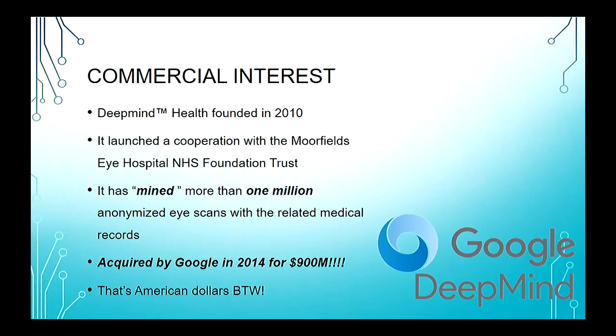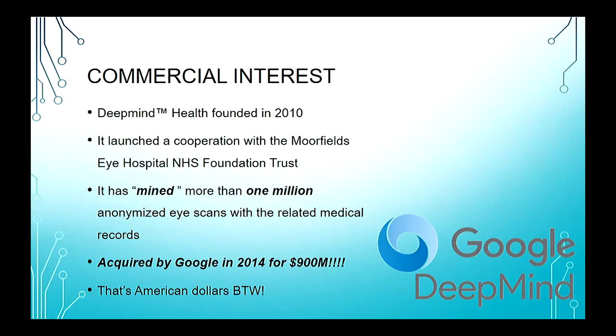DeepMind, the company that I already told you about, was founded in 2010. They got into a collaboration with Moorfields Eye Hospital pretty quickly and, quote unquote, mined data out of Moorfields Eye Hospital. They had sort of a handshake agreement with the hospital: we use your data to develop our product.